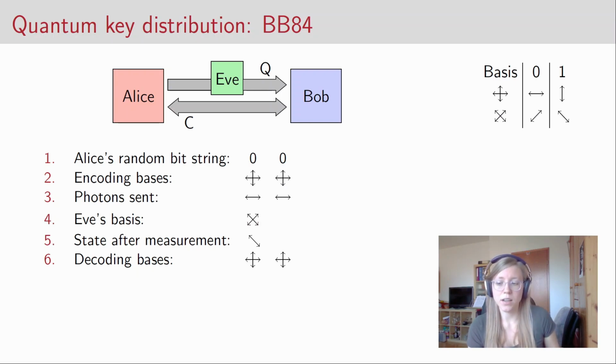He chooses some decoding basis. Say he chooses the same basis as Alice. Then, in the case of the first bit, he will receive some random result, because he's measuring a diagonally encoded bit by using the rectilinear basis. But in the second case, he has chosen the right basis, so he will get the bit 0.